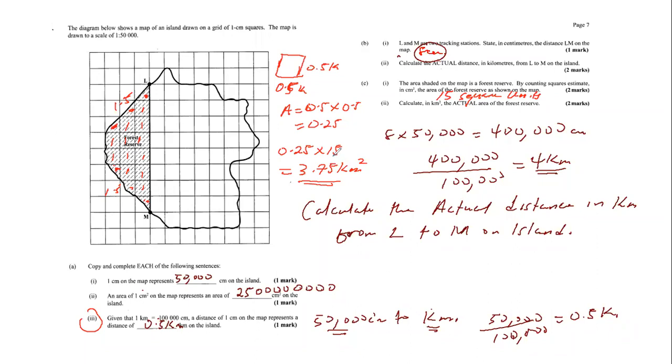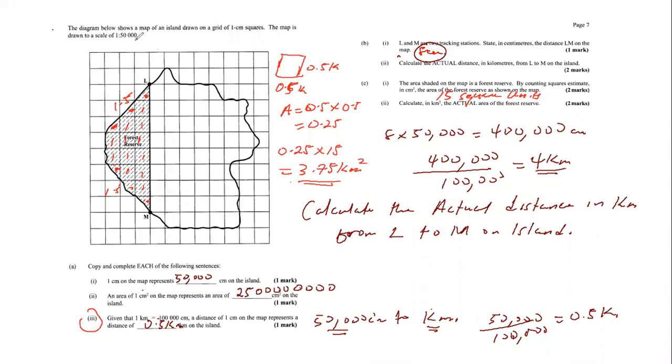So each side of the box represents 0.5 kilometer. Because remember, each side is actually 50,000 centimeters, with the information they gave us previously, 1 to 50,000.